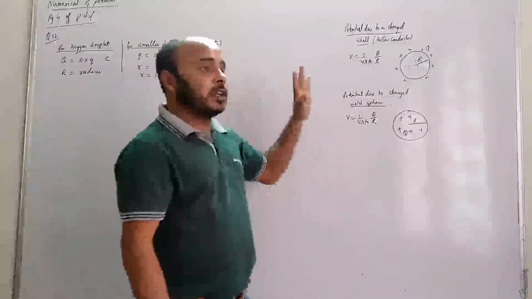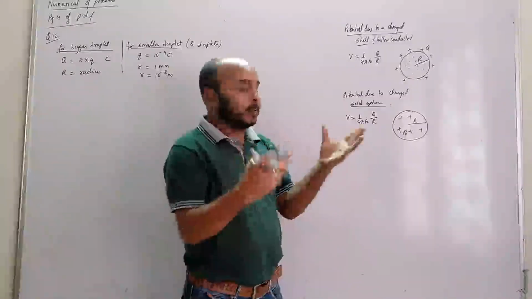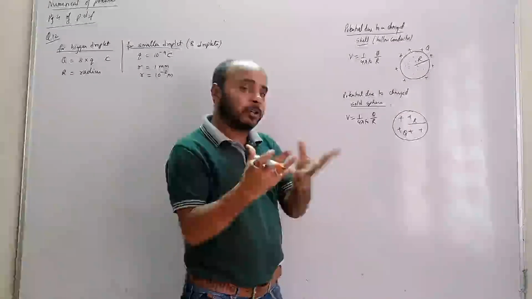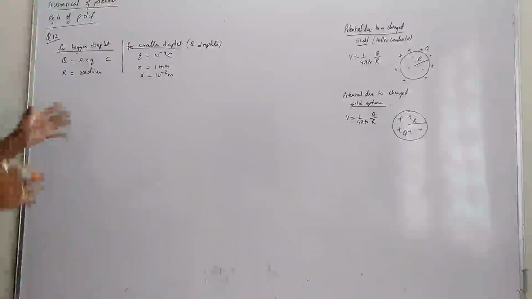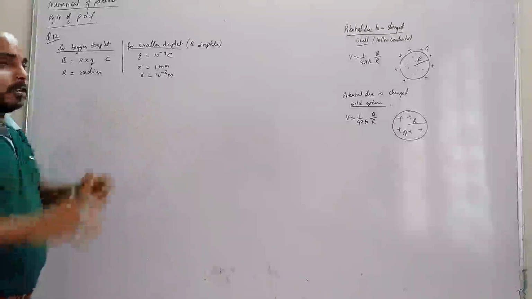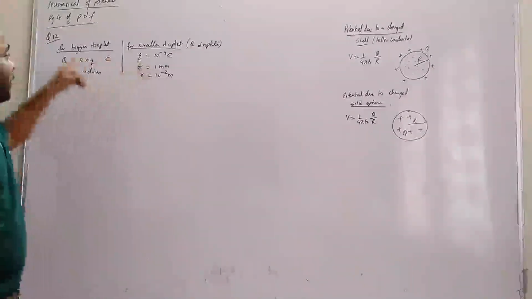So we understand, for finding the potential of the water droplet, we need the bigger water droplet's charge and the bigger water droplet's radius. So let's see, for the bigger droplet, how much charge will there be? Each small droplet has charge Q, and 8 droplets combine together.